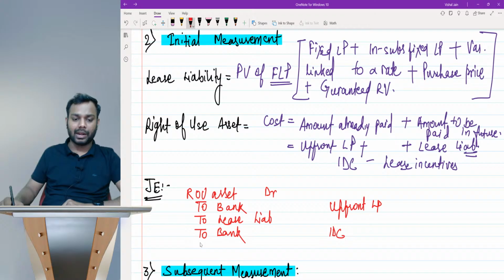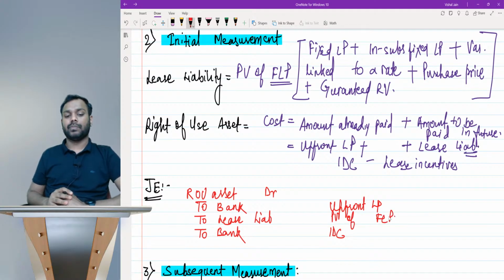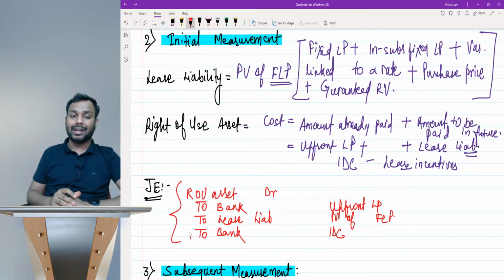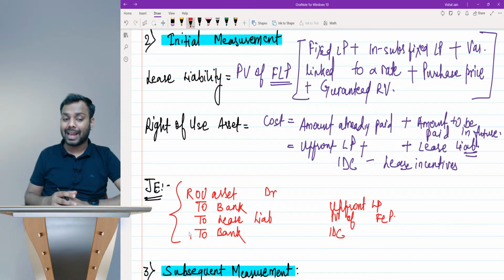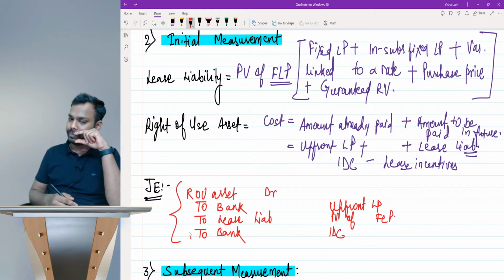Lease liability will be at present value of future lease payments, right? So that's how a journal entry is to be recognized for the initial measurement of lease liability and right of use asset. Is that clear, everyone?